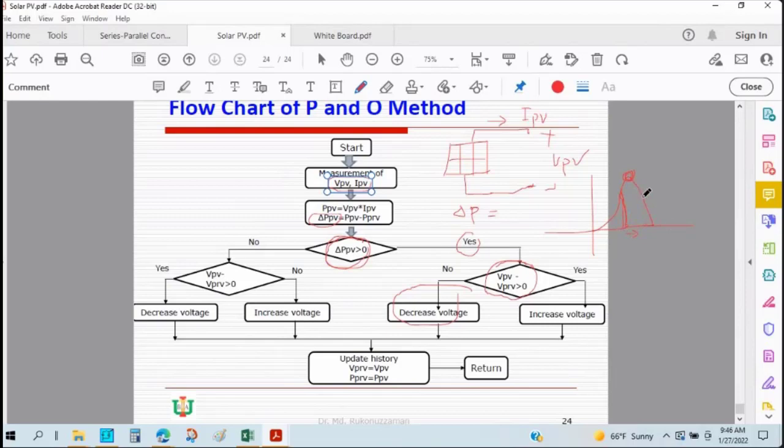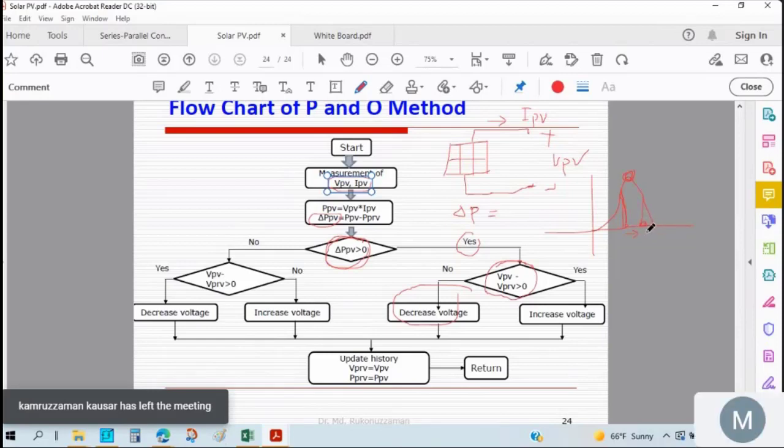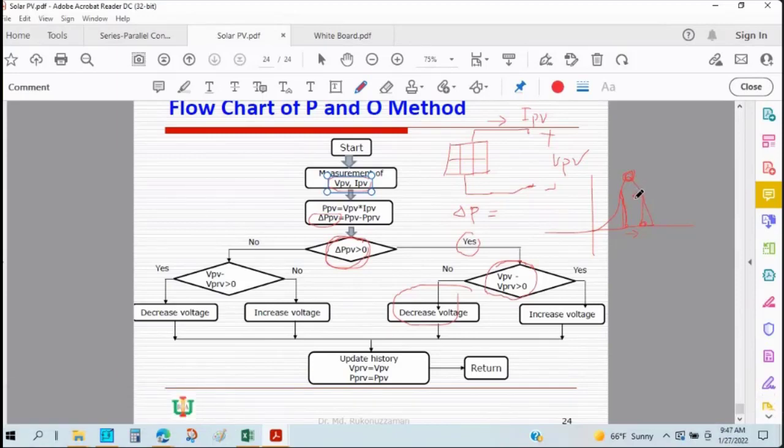But if we are at this point and the voltage and power are increasing, that means the maximum power point will be in the left direction, so we have to decrease the voltage.